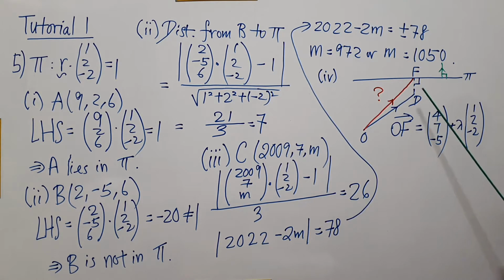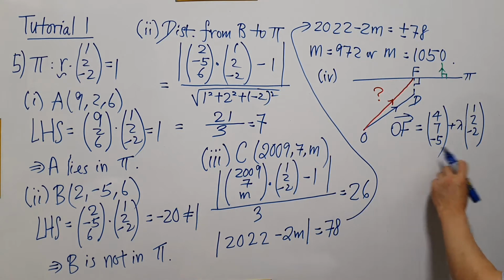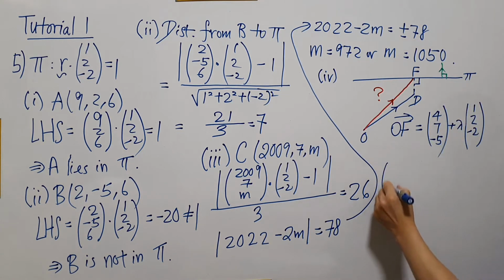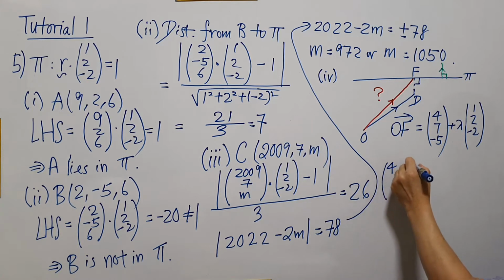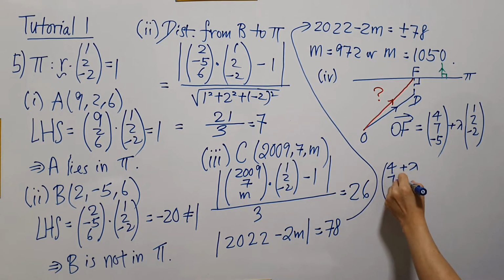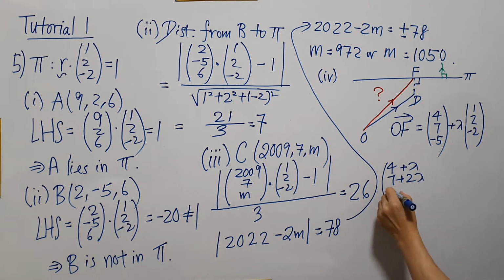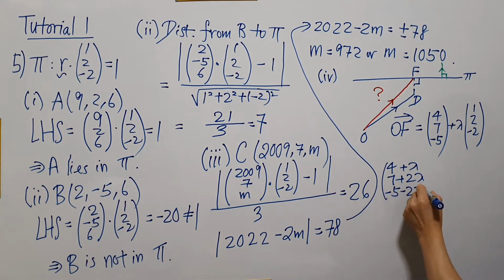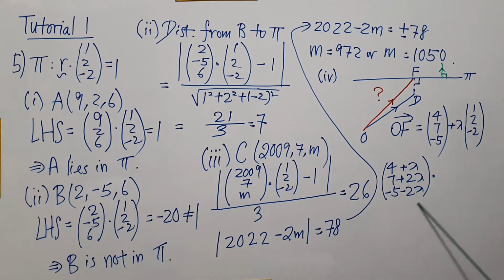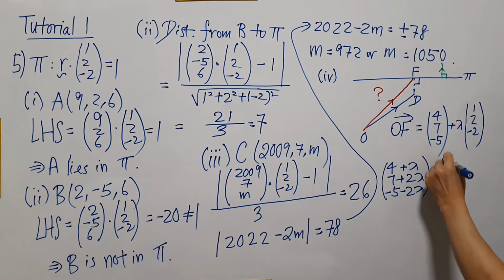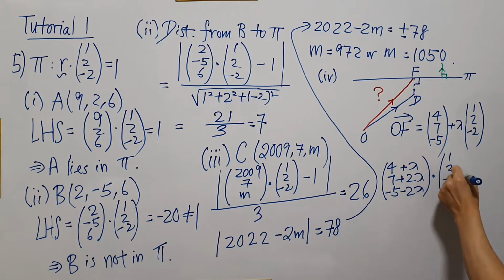And then because the point F is on the plane, OF, which is (4 + lambda, 7 + 2 lambda, -5 - 2 lambda), must satisfy the equation of the plane. So OF dot (1, 2, -2) must be equal to 1. So you'll solve this equation.